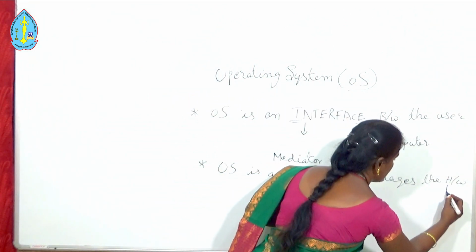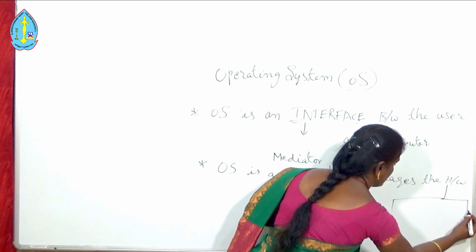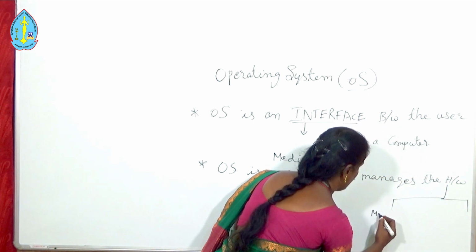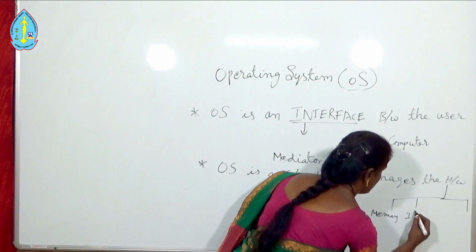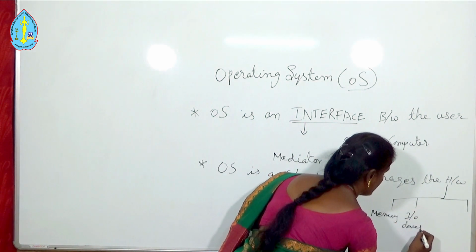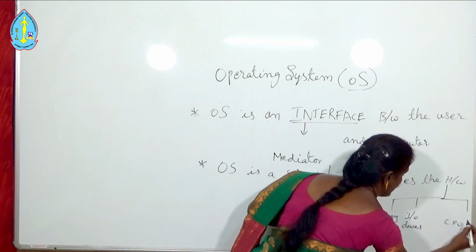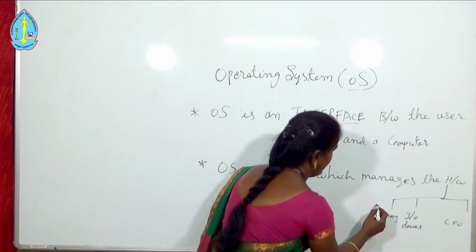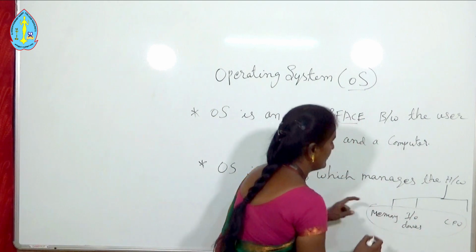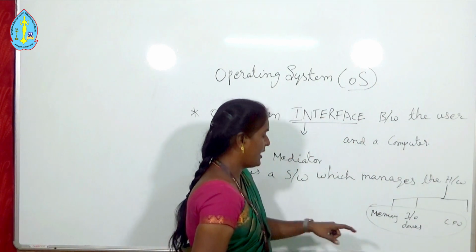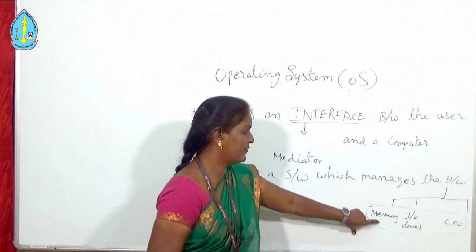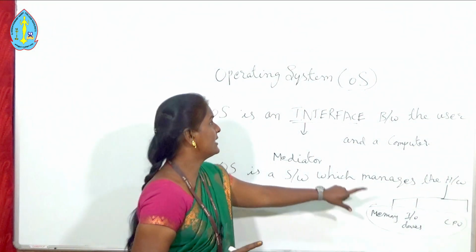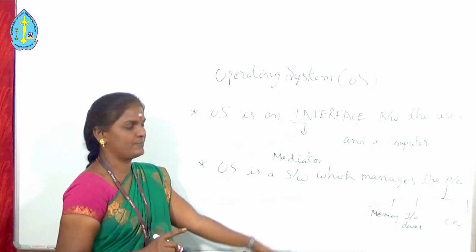Hardware parts are listed below as follows. We say memory, input, output devices and CPU. Everything comes under the hardware. In order to communicate with these hardware parts, we require one software that is called as operating system.